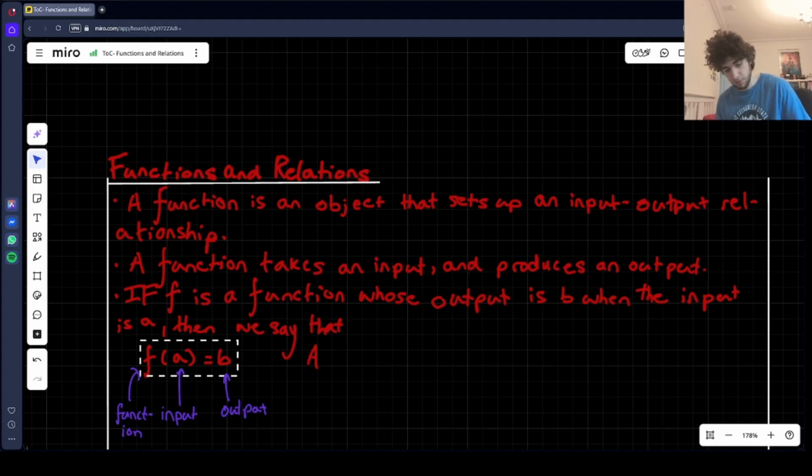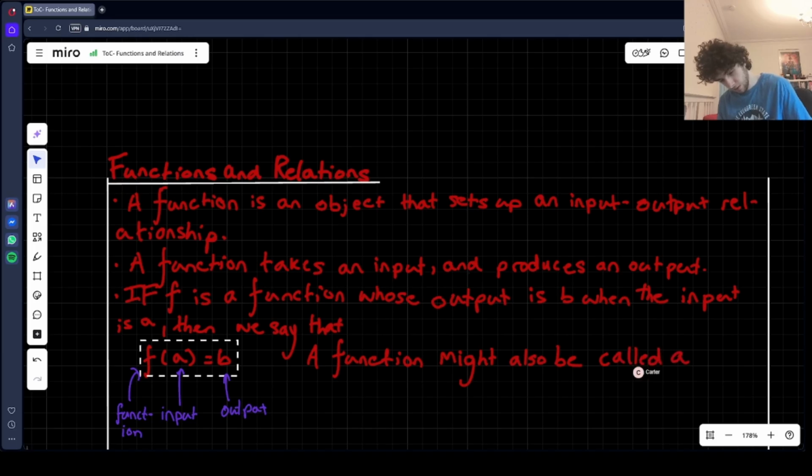Another way to describe a function: a function might also be called a mapping. That's just another word we use to mean a function. So if you see someone say a mapping, they really mean a function, and if you see someone say a function, it's the same as a mapping.